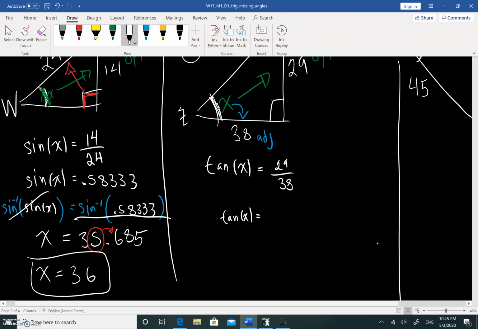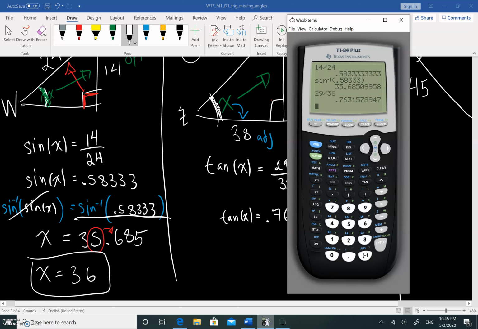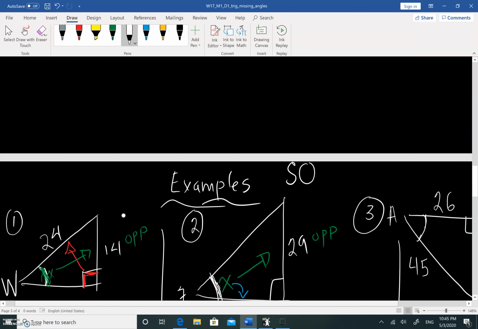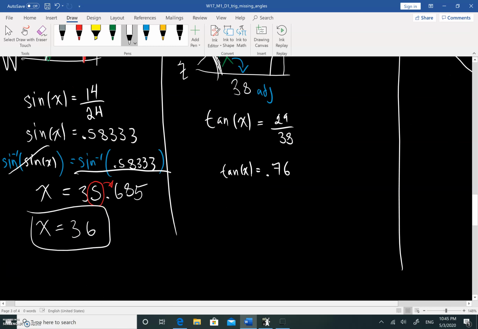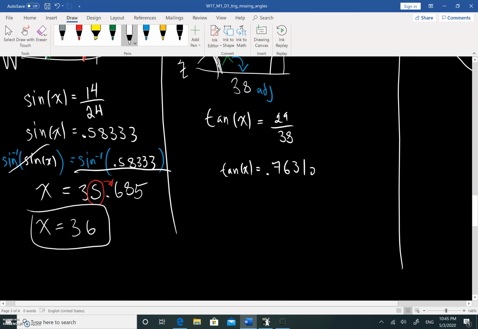So I'm going to write it here. Let's write 0.76315. So again, I'm writing down the first 5 decimal places. In this case, I did not round the last decimal place.